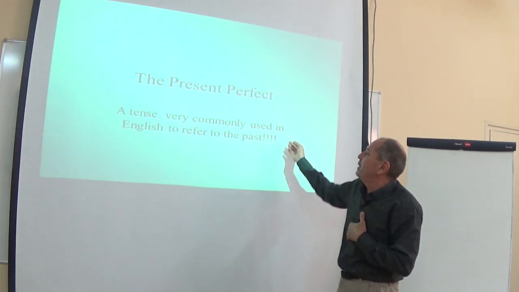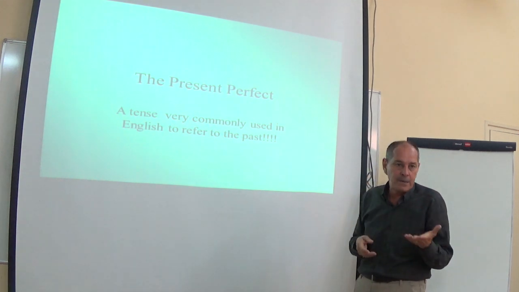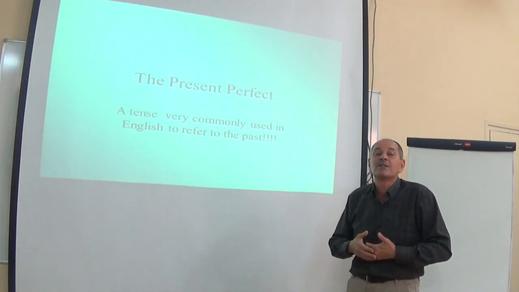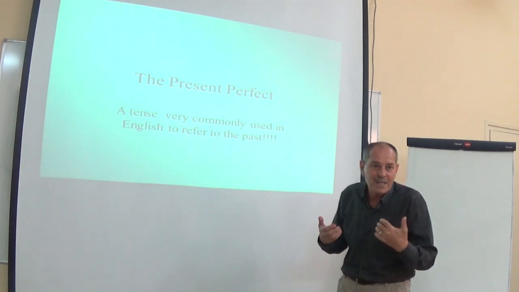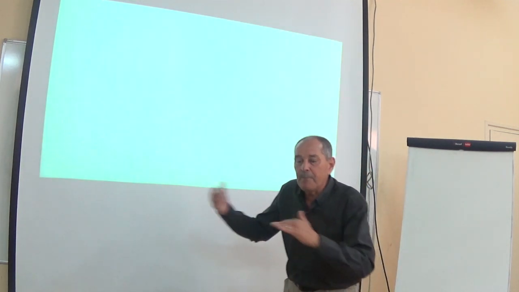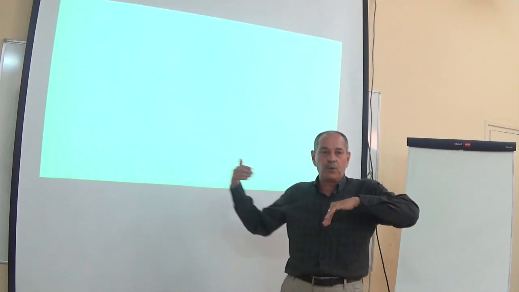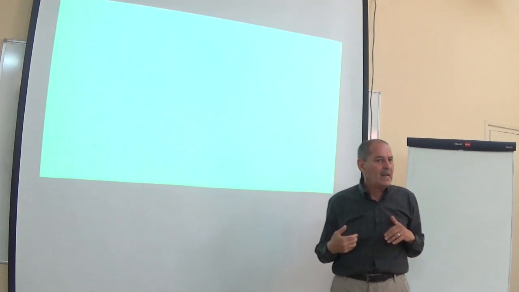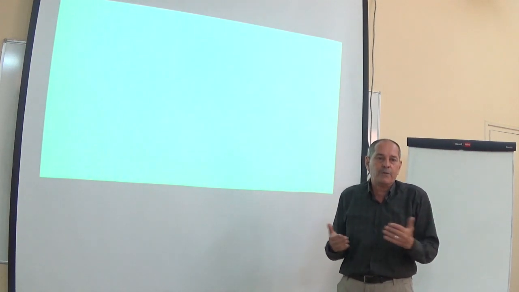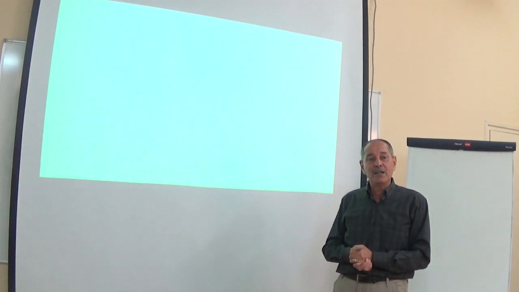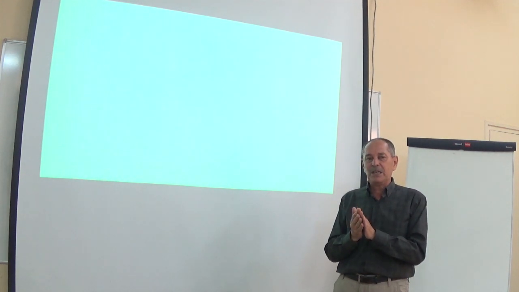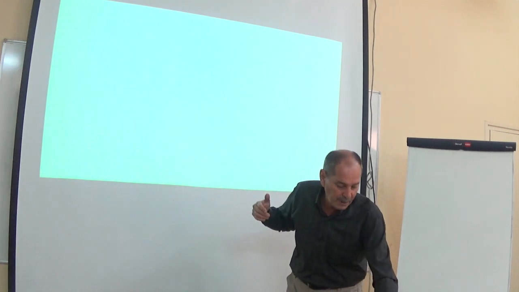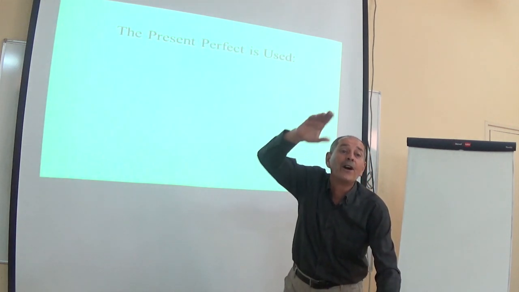So, a tense very commonly used in English to refer to the past. Yes, it is very used, but how? What does it mean? Let's compare with the past again, with an example that I mentioned before. I was ill, so alhamdulillah you have recovered. But I have been ill means you started being ill somewhere in the past, not precise.